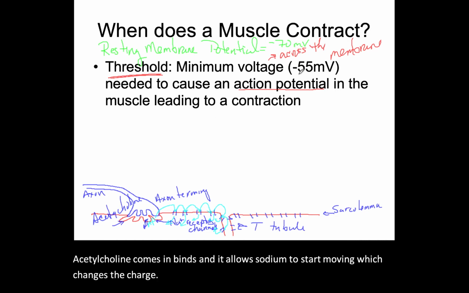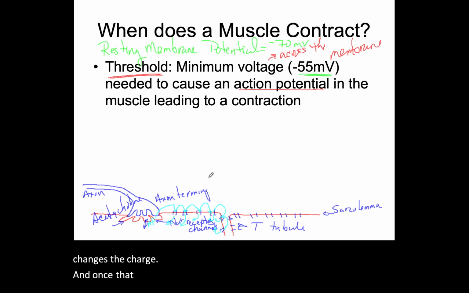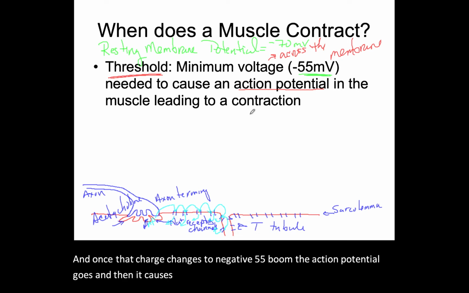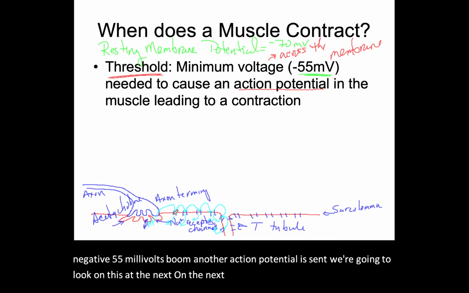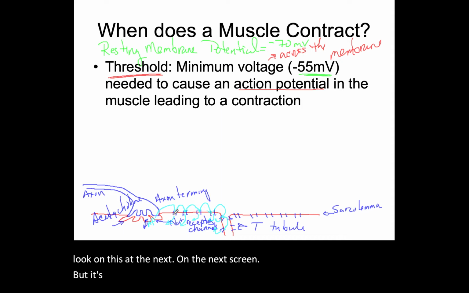And once that charge changes to negative 55, boom, the action potential goes. And then it causes the next sodium channel to go from negative 70 to negative 55 millivolts. Boom, another action potential is sent. We're going to look at this on the next screen. But it's this that is driving that action potential.